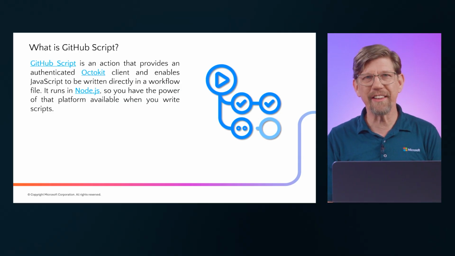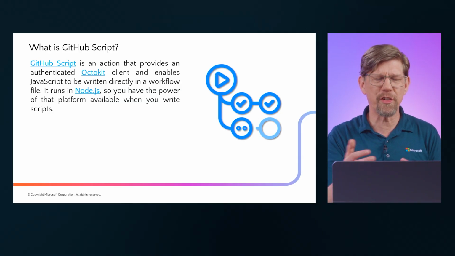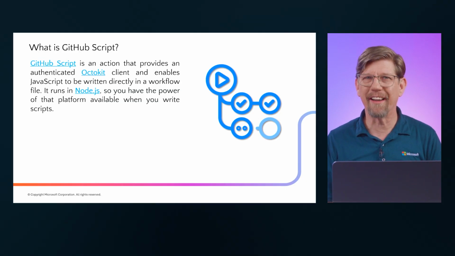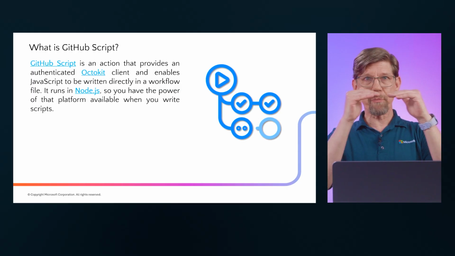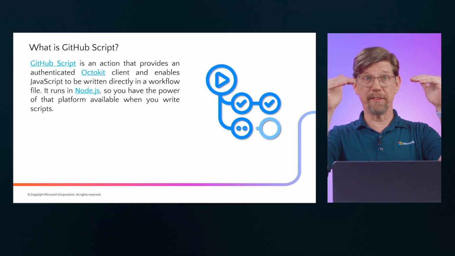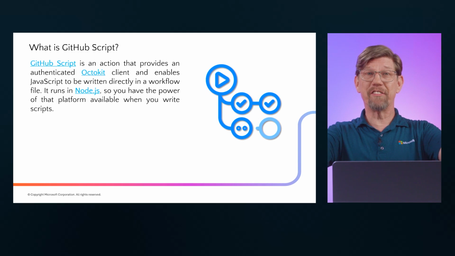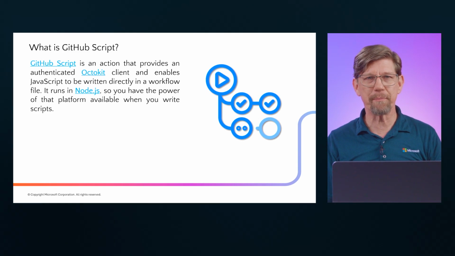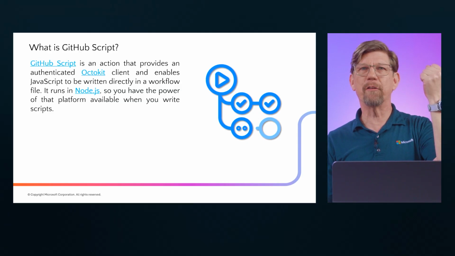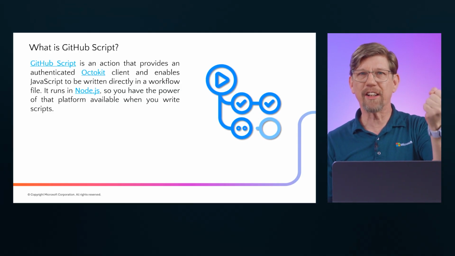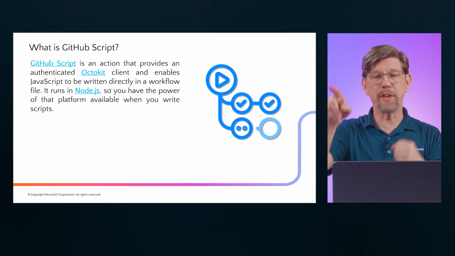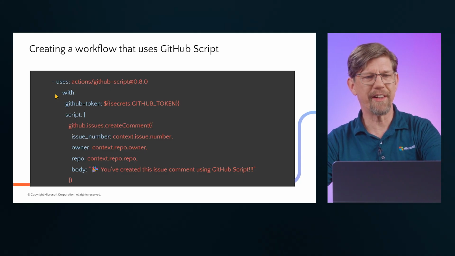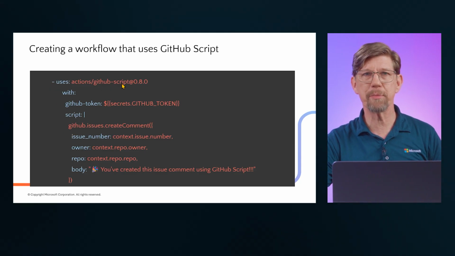The authentication layer is still visible to you, so you've got to figure out how the authentication works, and so it's a little bit on the cumbersome side. REST, Octokit, and above that, finally, the hero of the story, GitHub Script. GitHub Script presents to you a fully authenticated Octokit client, ready to go, where you can just make an invocation.